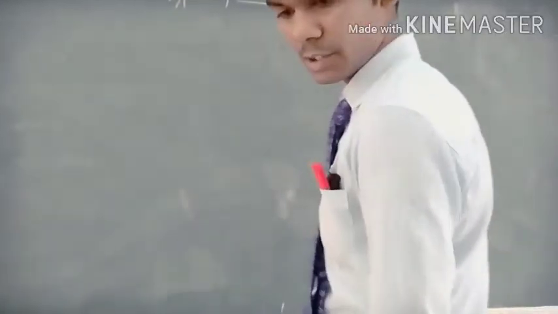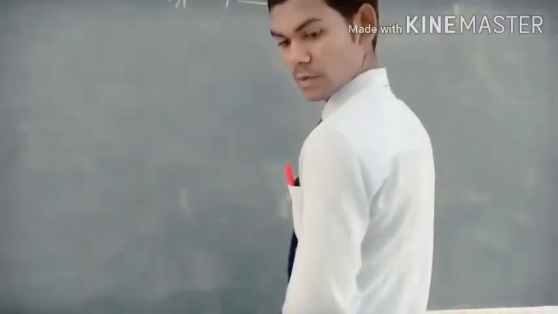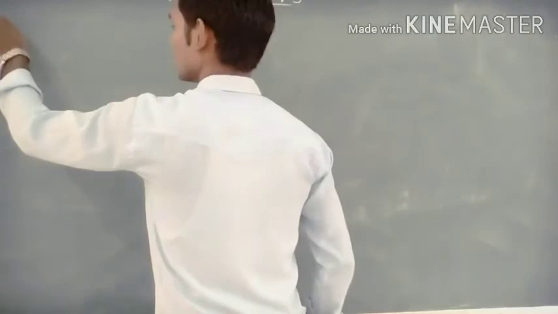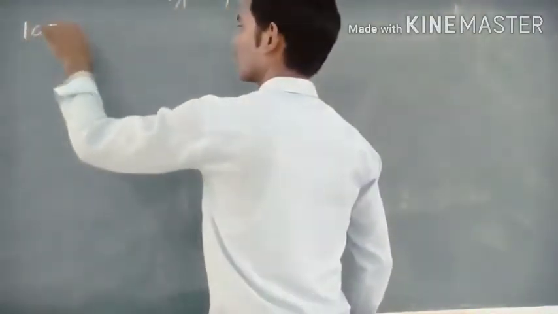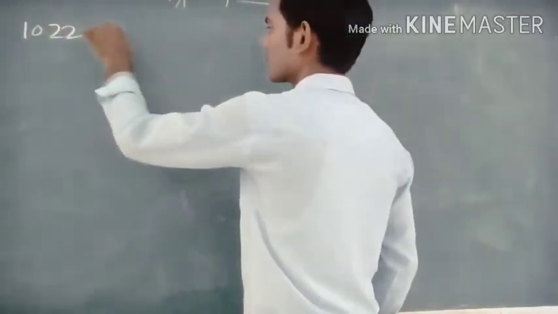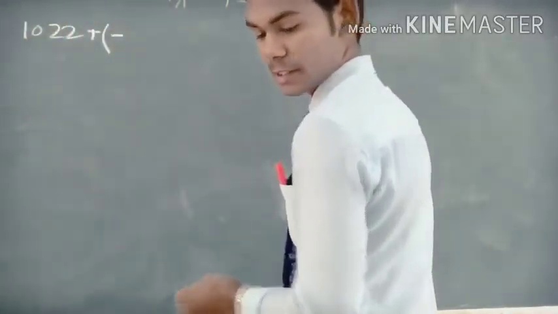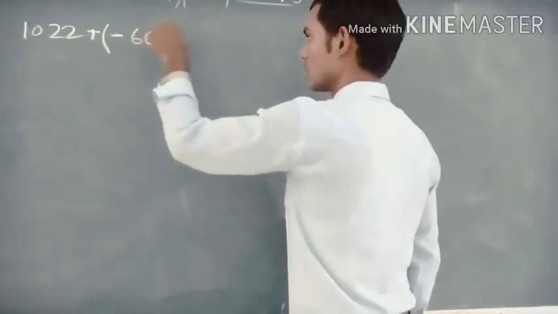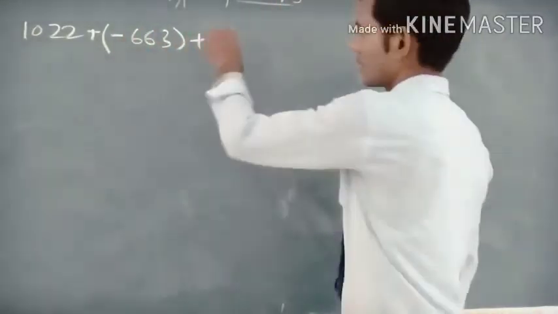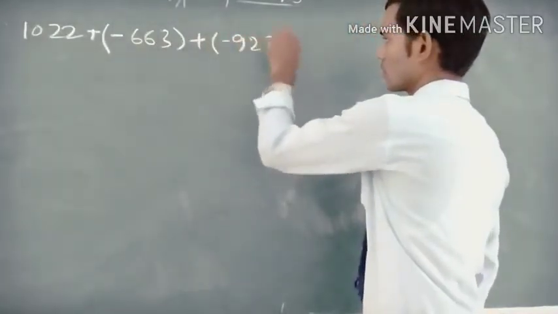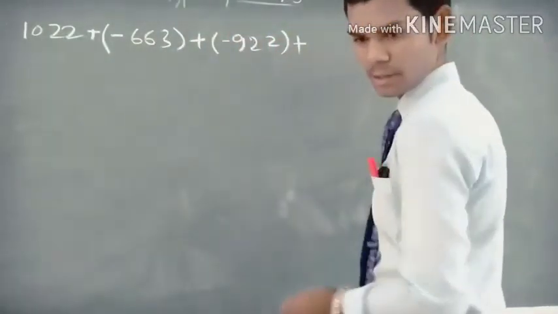The second question is 1022 plus minus 663 plus minus 922 and plus 333.